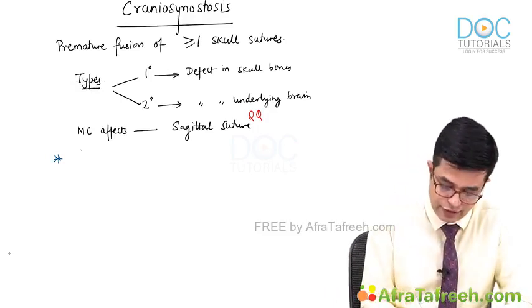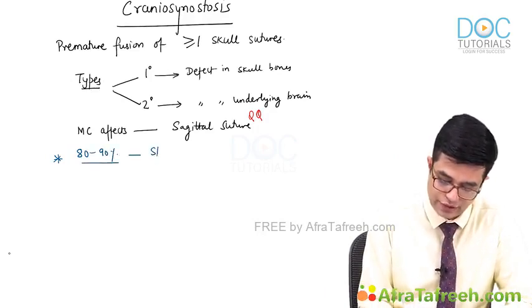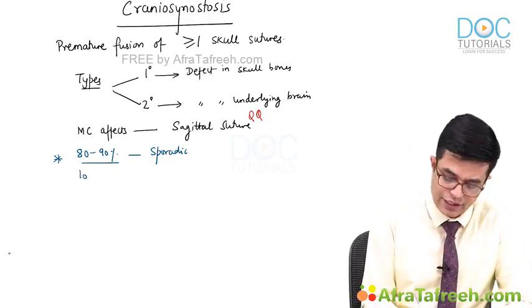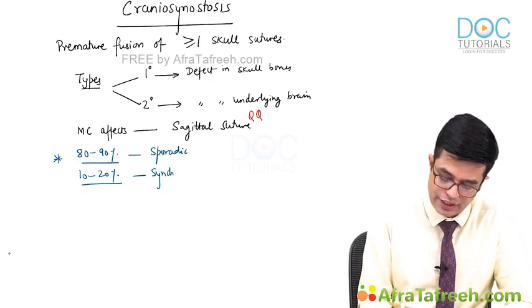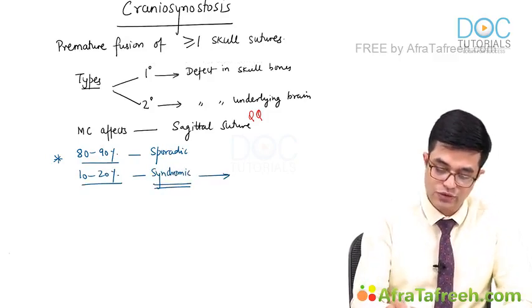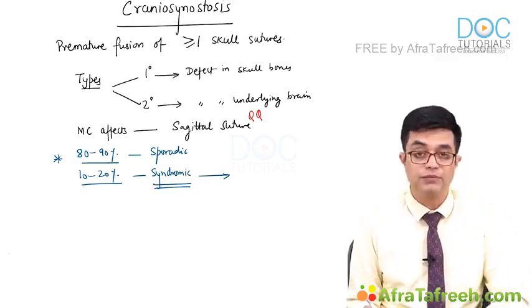Remember that around 80 to 90% of craniosynostosis cases are sporadic. They are not associated with any syndrome or genetic basis, whereas 10 to 20% are found to be syndromic. So the question arises, what are the common syndromes associated with craniosynostosis? Let us write down the names.